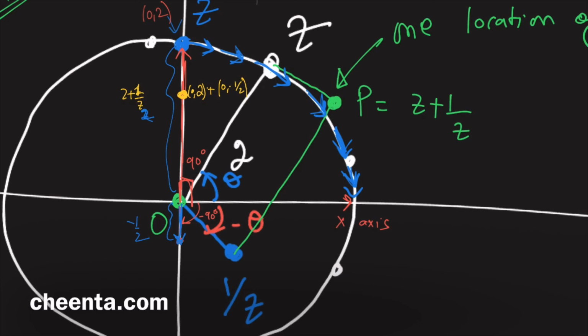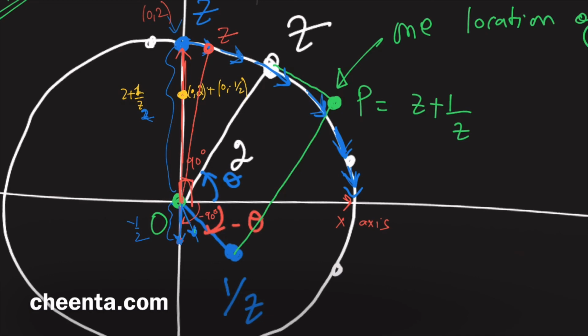Okay, let's do the next point. Let's draw the second z, which is here, and the corresponding 1 over z, which is here. We can now do the parallelogram law of vector addition.